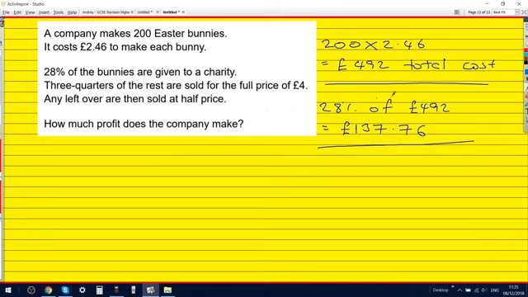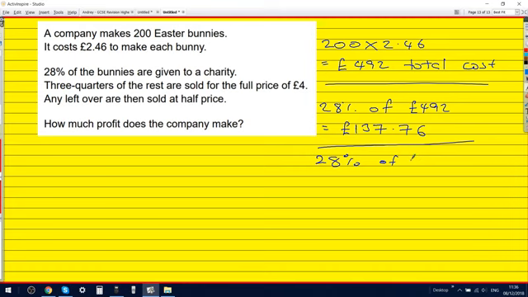So this is why I didn't like this one, because it didn't say 28% of the cost. It said 28% of the bunnies. Okay. So 28% of what? 492. Oh, sorry. I'm not sure.